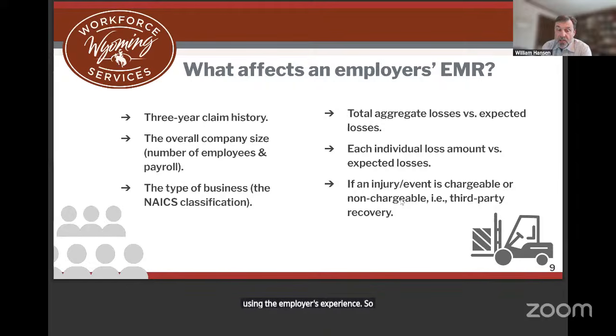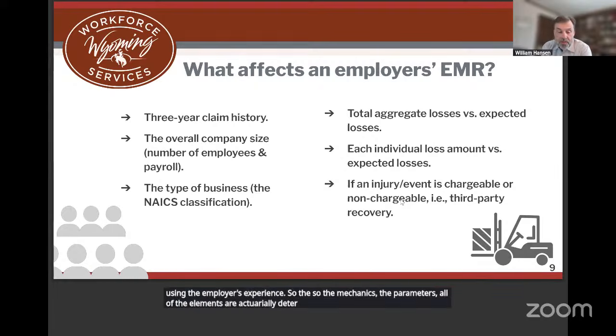So the mechanics, the parameters, all of the elements are actuarially determined, and all employers essentially follow the same protocol, or calculation. What varies by class is your expected loss rate.